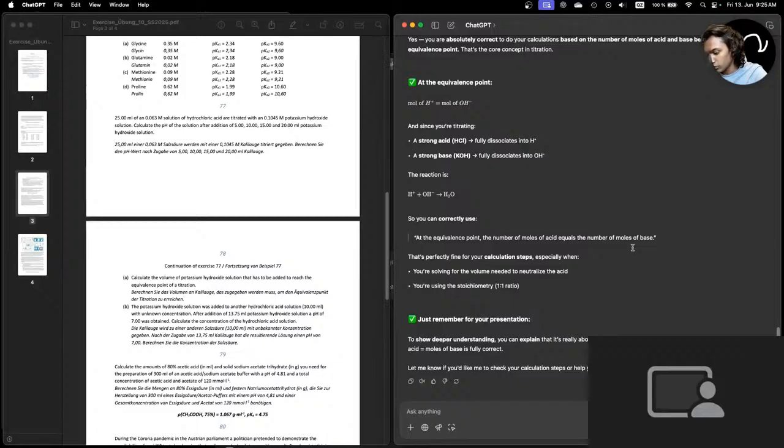The amount of moles of H plus from acid is equal to the amount of moles of OH minus from the base, in which they react in a 1:1 ratio, forming a neutral salt and water as part of the solution.